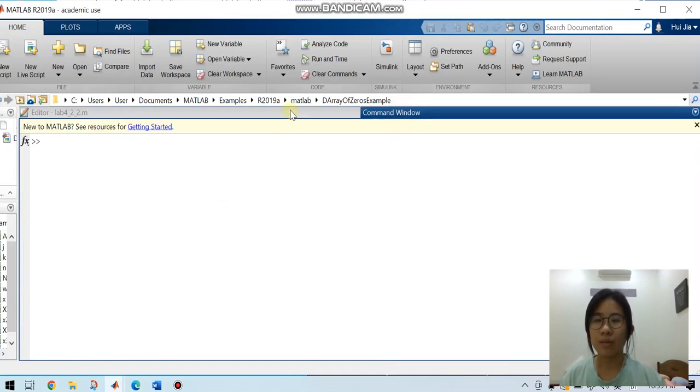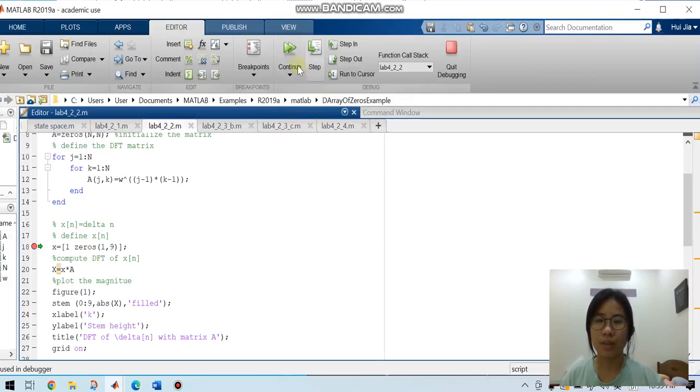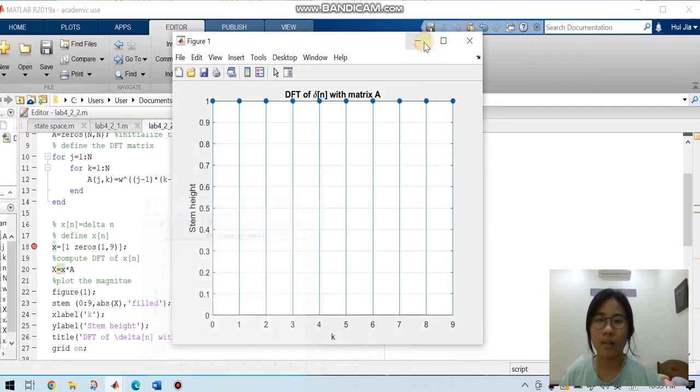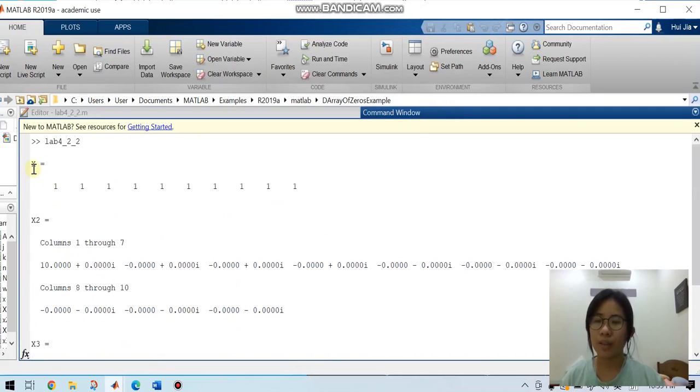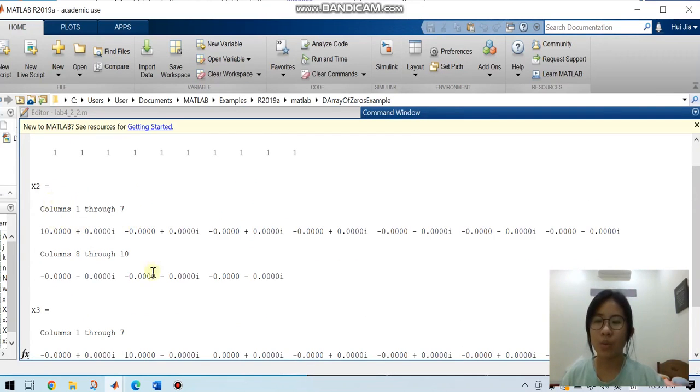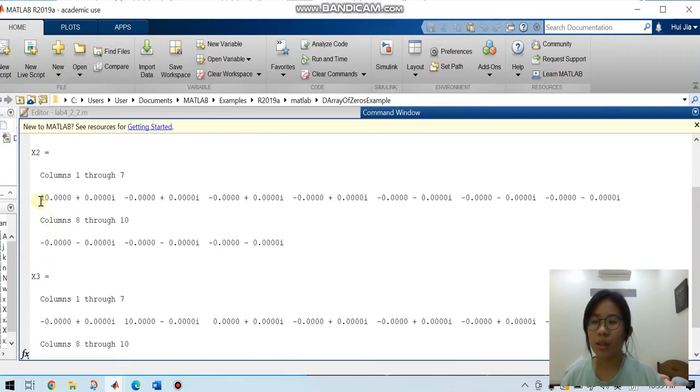For the result, we need to run it first. In the command window, we will get the answer for x as 1 1 1 1 1 1 1 1 1, and for x2, the 10 will be at the first column, and for x3, the 10 will be at column 2.